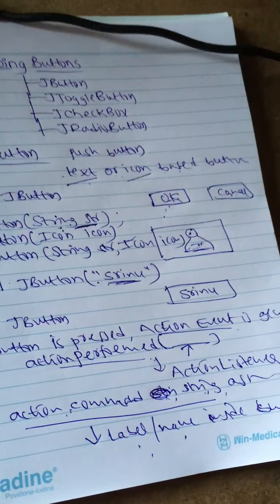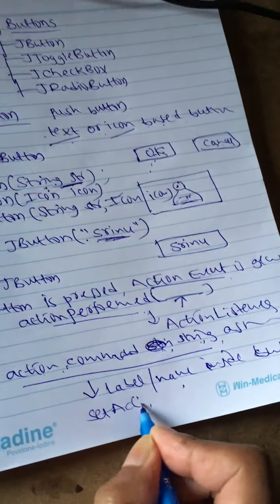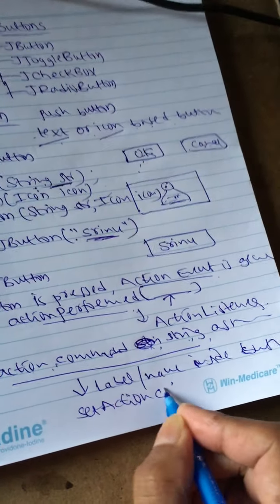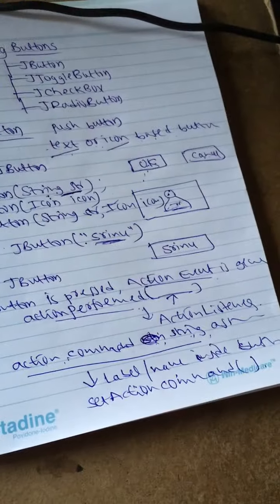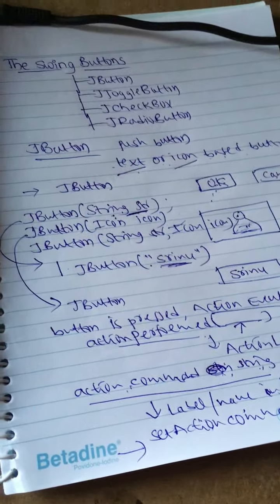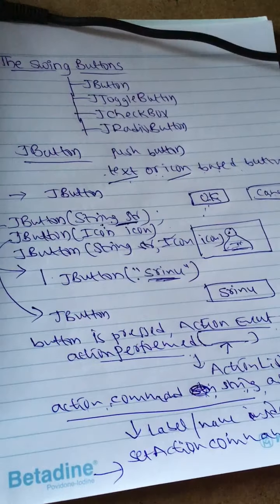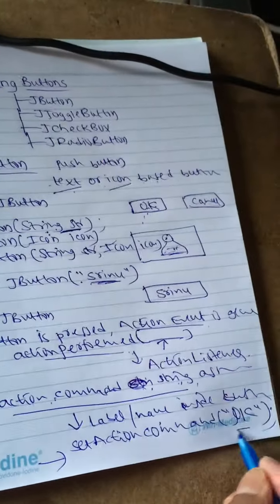We can set the action command for the button by using the setActionCommand method. For example, in setActionCommand we are taking OK, so an OK button will be created.